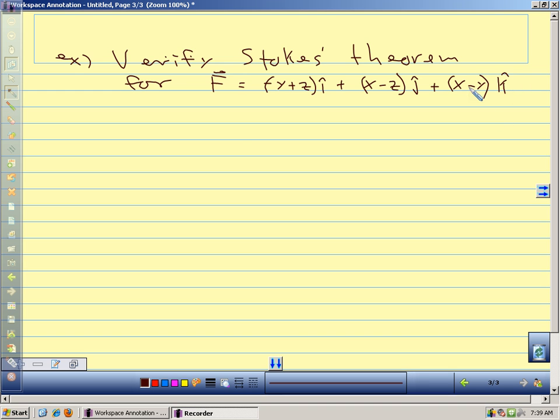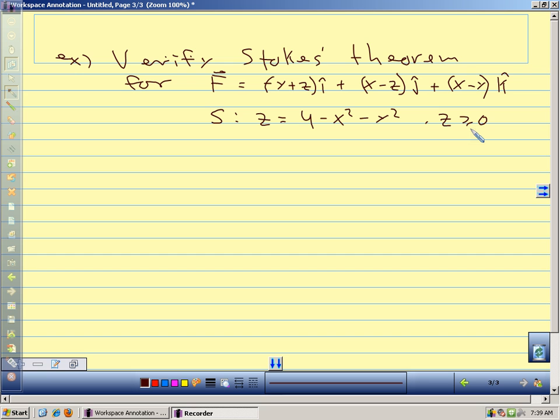So there's our field, and our surface is given by z equals 4 minus x squared minus y squared, where z is greater than or equal to 0.